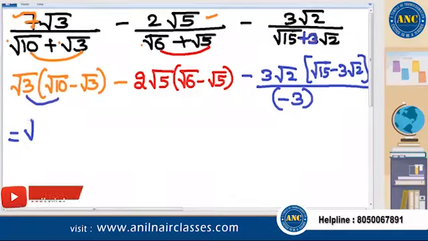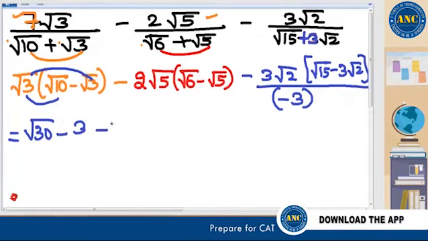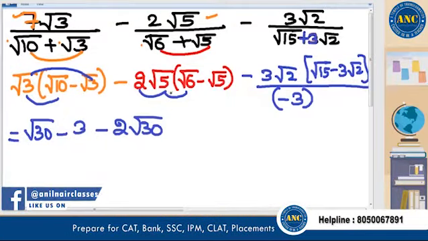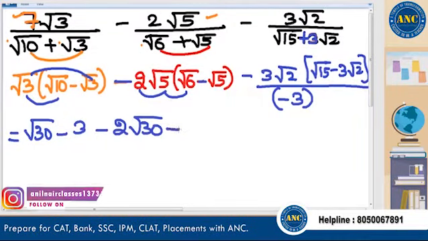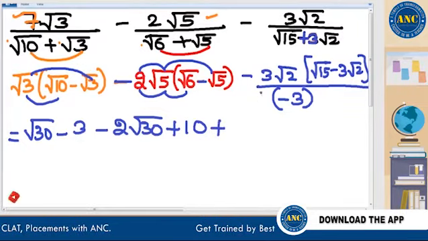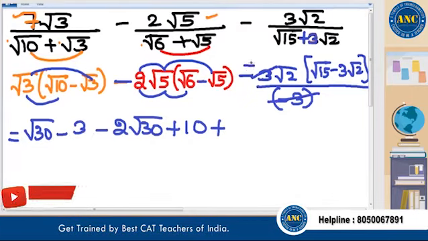Root 3 into root 10 is root 30, root 3 into root 3 is 3. 2 into root 5 into root 6 is 2 root 30. Next, minus into minus is plus, 2 into root 5 into root 5, 2 into 5 is 10. Now minus 3 will cancel with minus 3, so this entire thing will become plus.